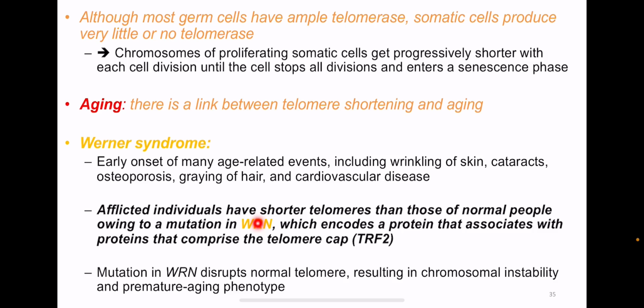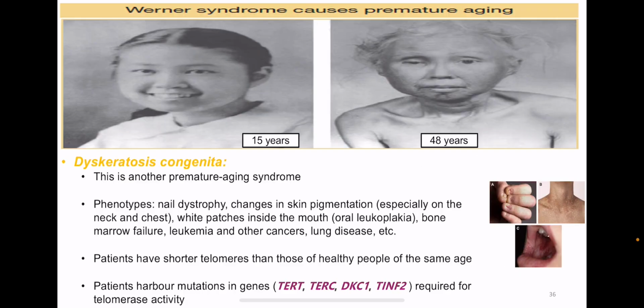We know the shelterin forms the protective cap at chromosomal ends, protecting the telomeres, right? But this particular gene, the WRN, is mutated. So in this case, the cap is either non-functional or even non-existent, and the chromosomal ends are not protected, meaning telomeres can easily be shortened.